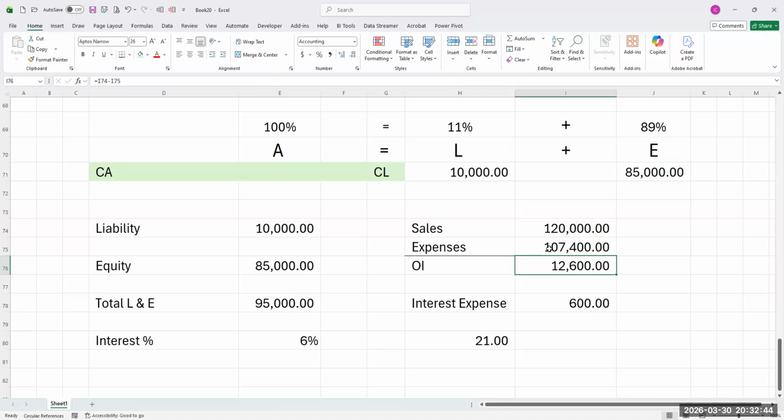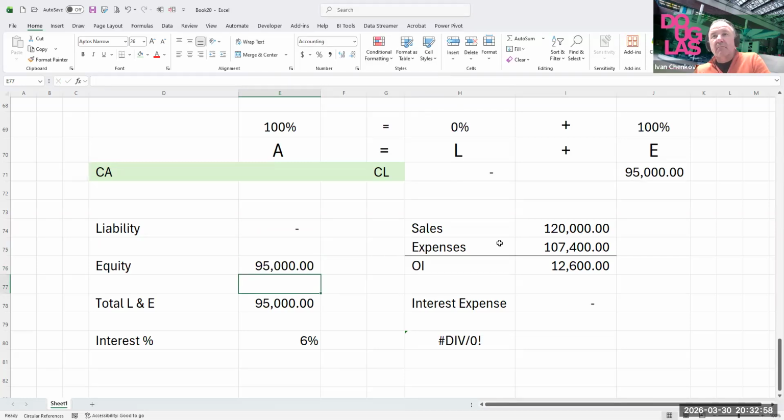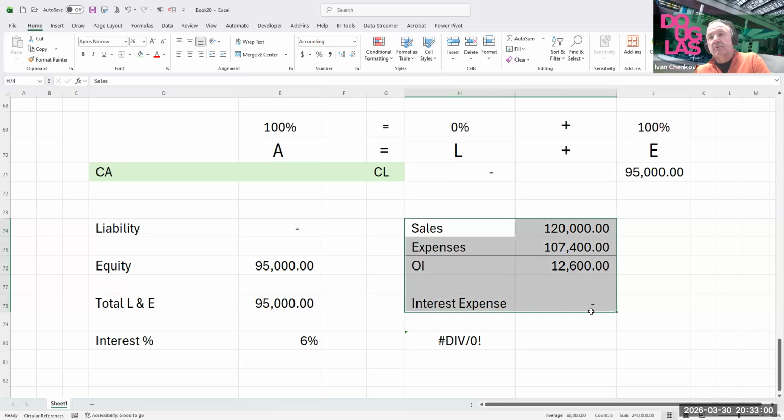So long as your sales increase, that's a good thing. Watch this. If the equity is 95,000 and I fully finance by the equity, my scenario was here.